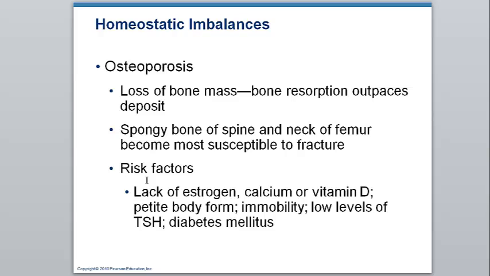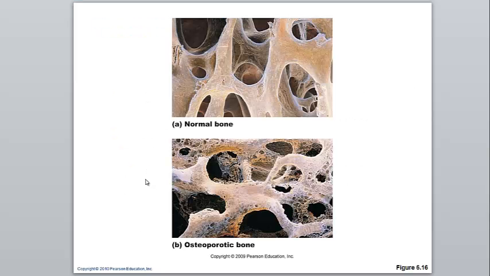It can also be due to thyroid stimulating hormone, TSH, when it is low. Remember, I said thyroid hormone is absolutely necessary for bone growth and remodeling. Diabetes also seems to have an osteoporotic effect on the bones.